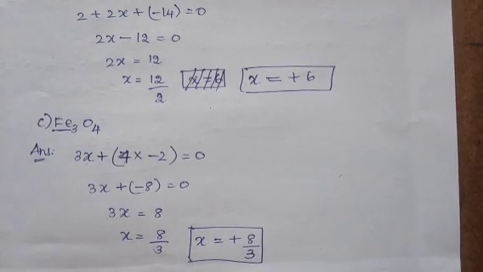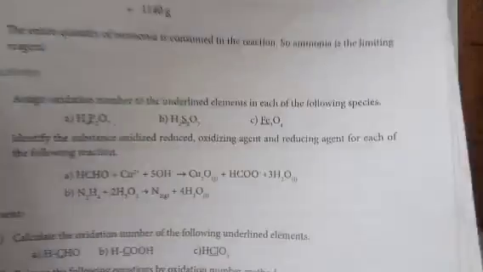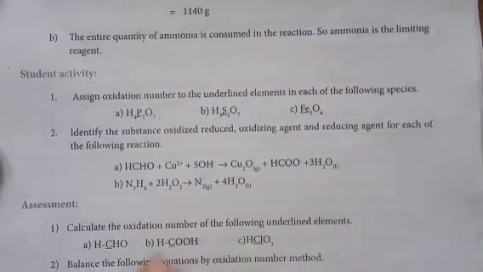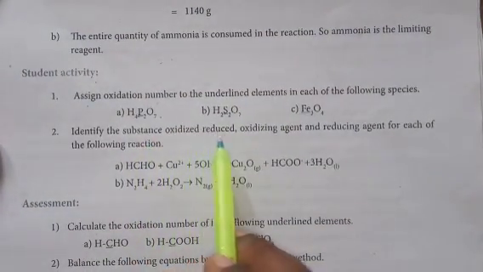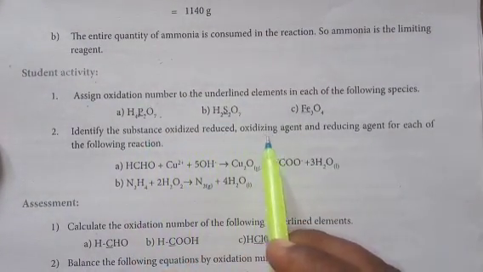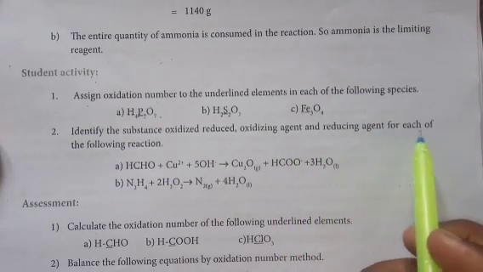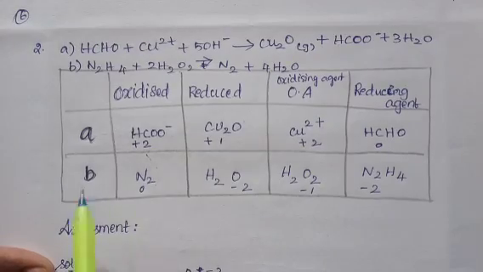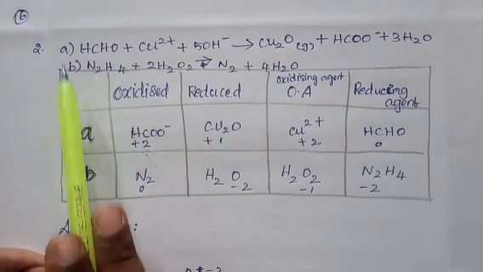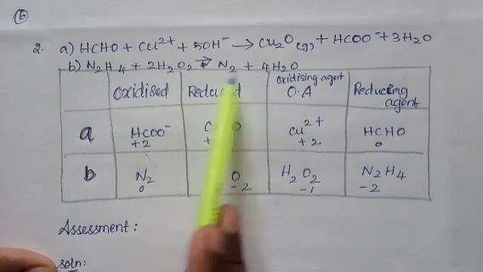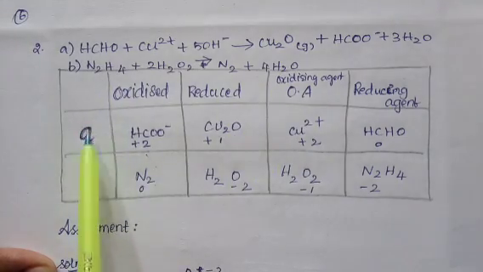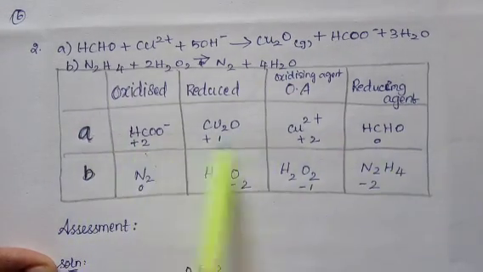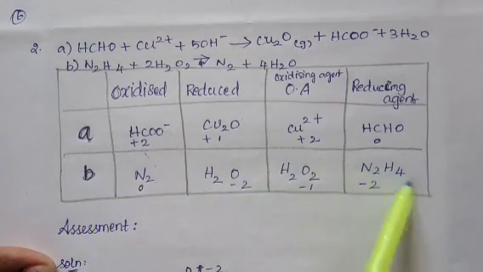So this is the answer. We have completed the first question. Now second question: identify the substance oxidized, reduced, the oxidizing agent and the reducing agent for each of the following reactions. They have asked A and B. A question here, B question here. I have written the answer for A like this, and for B this.